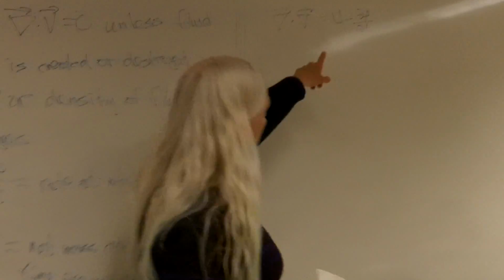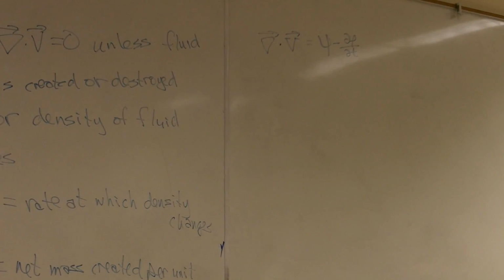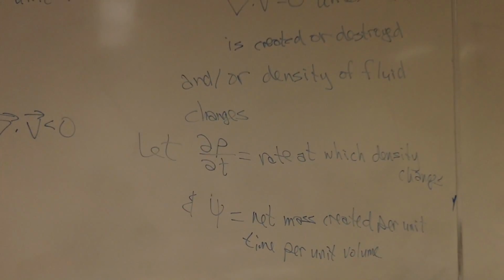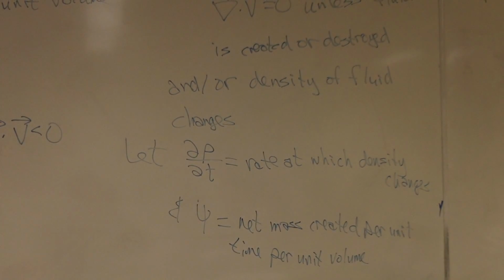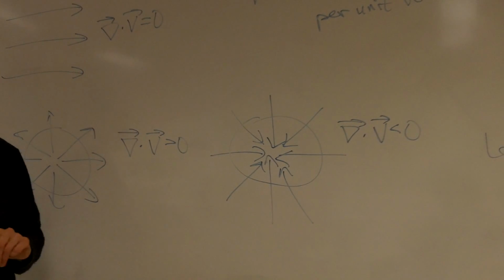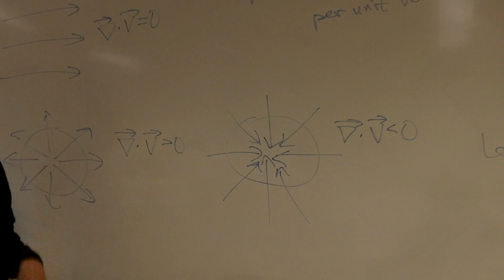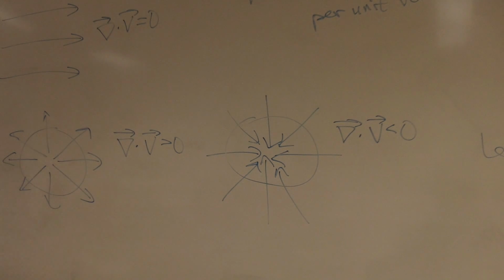The reason I put a minus sign in front of that, let's think this through. If the density increases, right, molecules get packed more tightly together as time goes on, that's going to leave more room for more molecules to flood in and take the place of the ones that got compressed. So in other words, that would be a negative divergence. Whereas if the fluid expands, it's going to push outwards, so that would lead to a positive divergence.